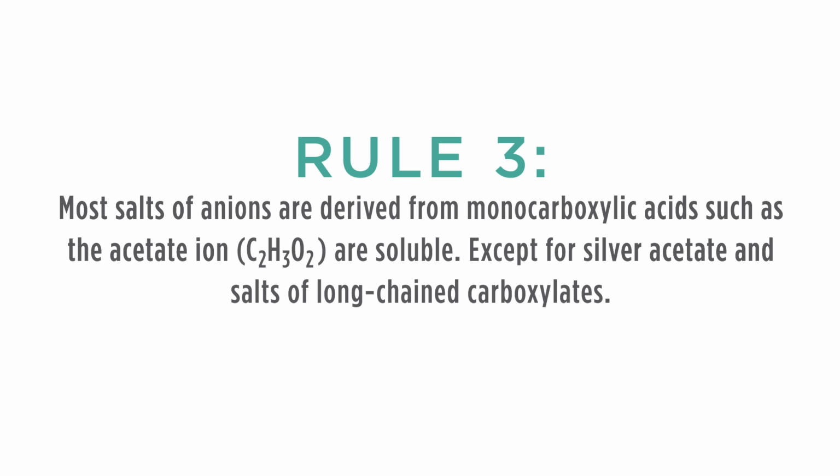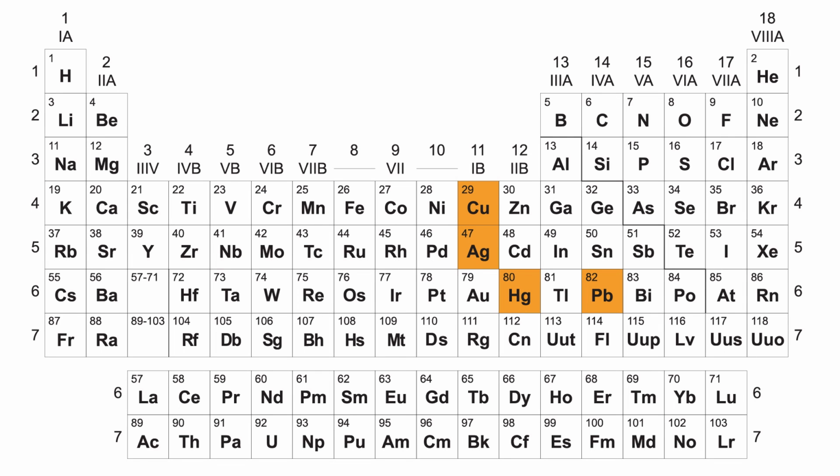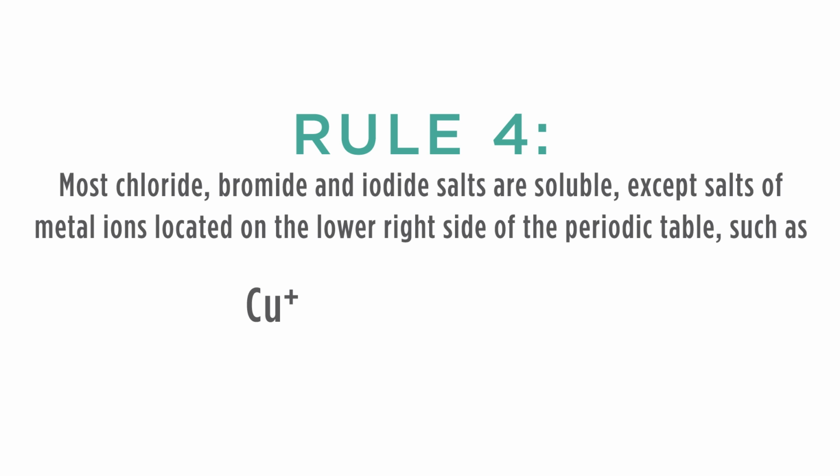Most salts of anions derived from monocarboxylic acids, such as the acetate ion, are soluble, except for silver acetate and salts of long-chain carboxylates. Rule 4. Most chloride, bromide, and iodide salts are soluble, except salts of metal ions located on the lower right side of the periodic table, such as copper, silver, lead, and mercury 2.